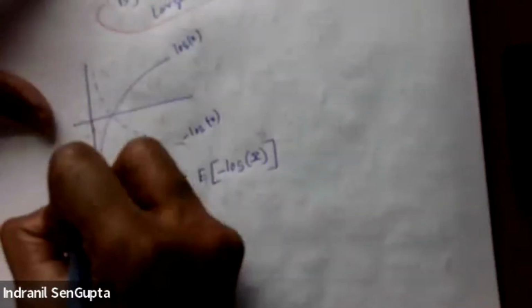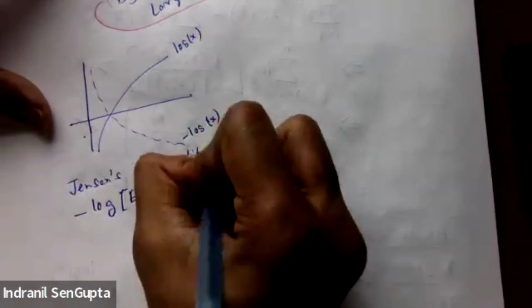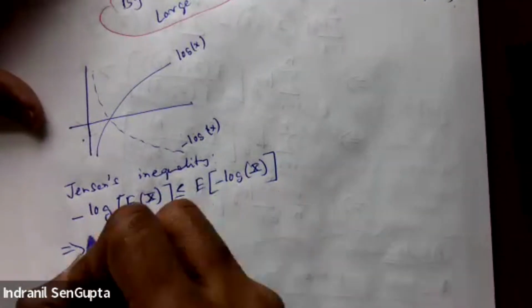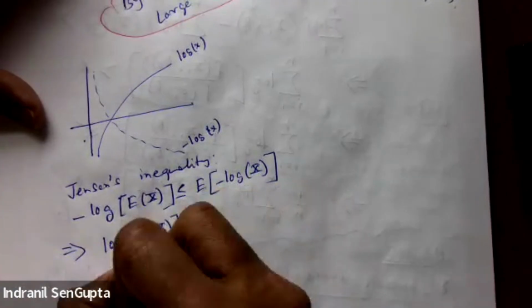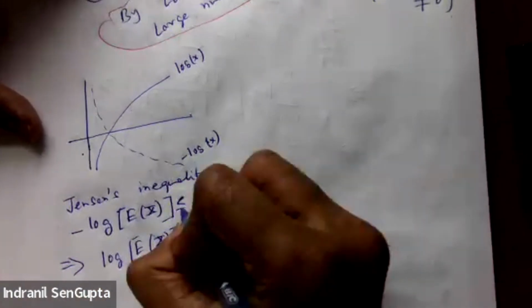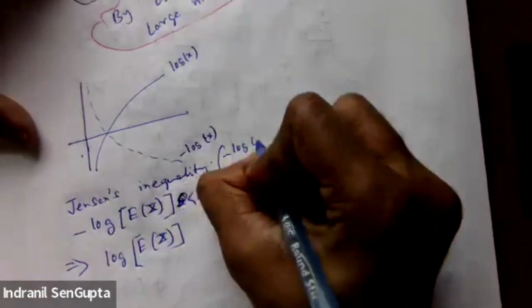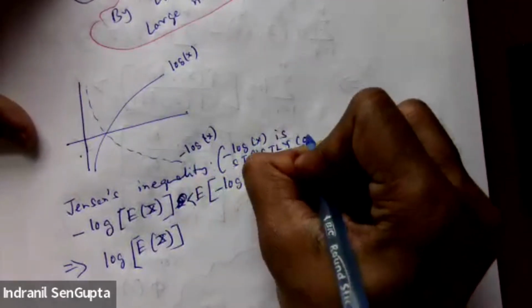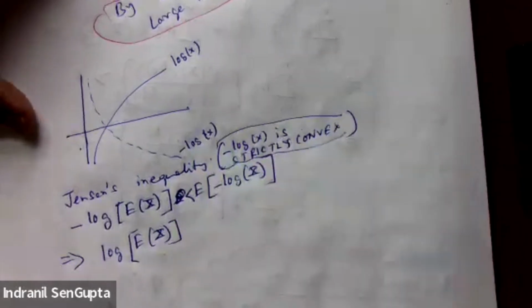By Jensen's inequality, that gives me this. And hence, if I multiply by the negative sign, the negative sign comes out. Since minus log x is strictly convex, this inequality is strict.